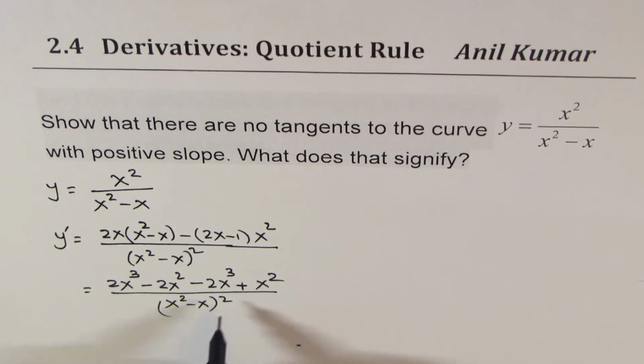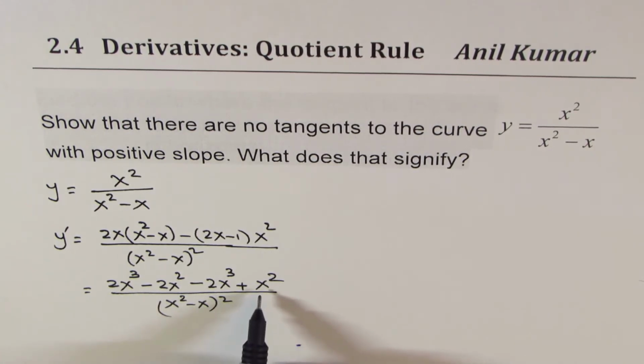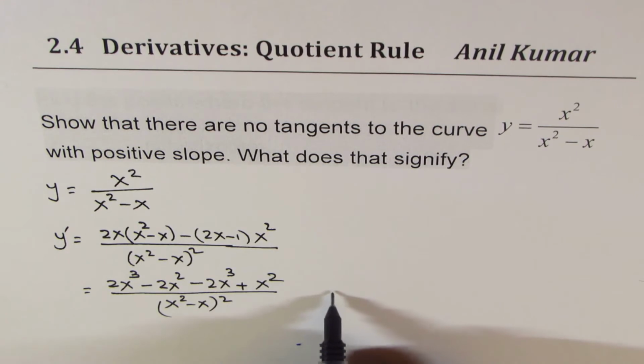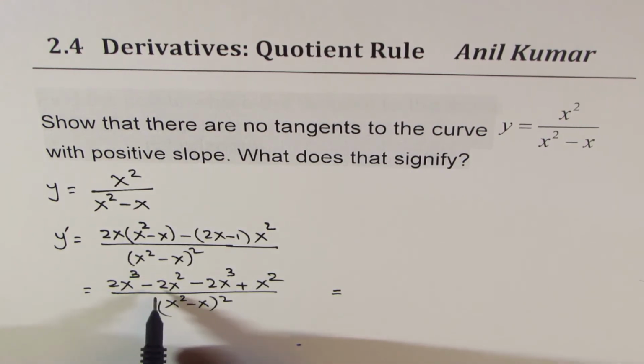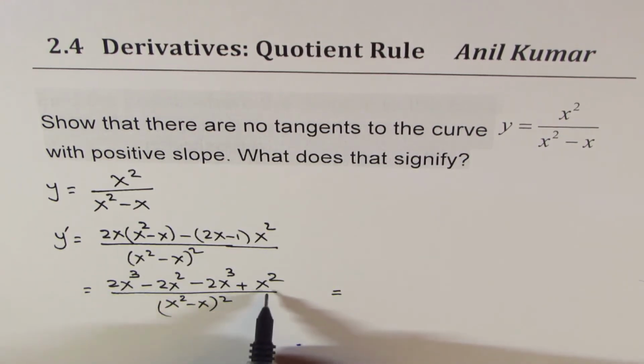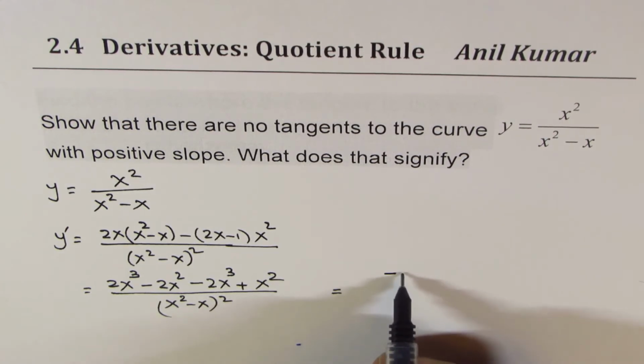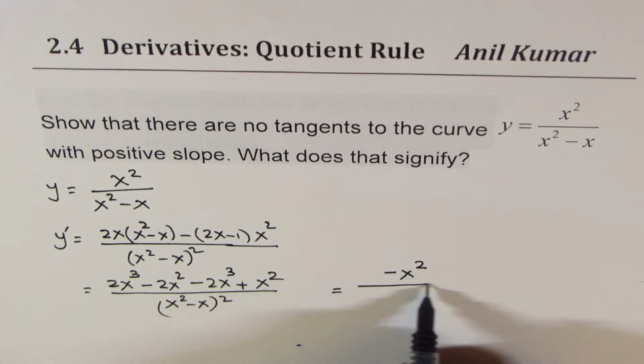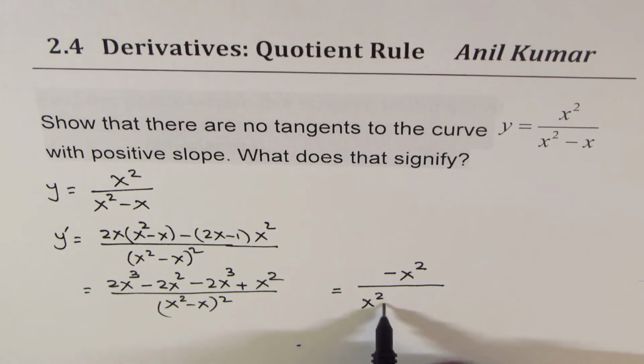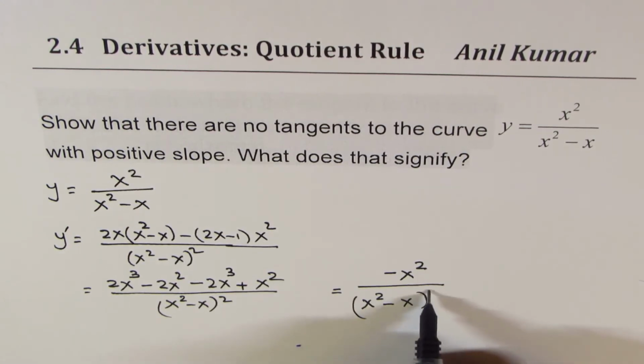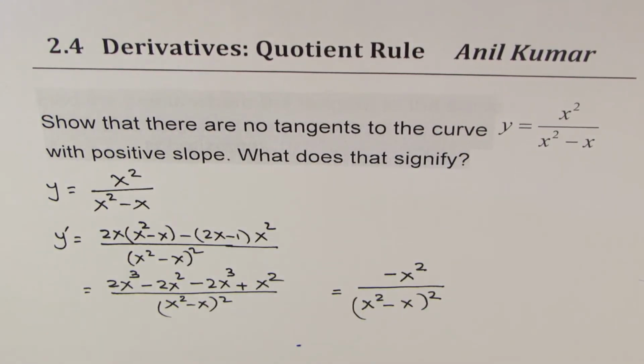And now here we can cancel the cube terms and we are left with the square terms, right? So that gives us, let me rewrite this here. So that gives me minus 2x squared plus x squared as minus x squared over x squared minus x whole square. So that becomes the derivative.